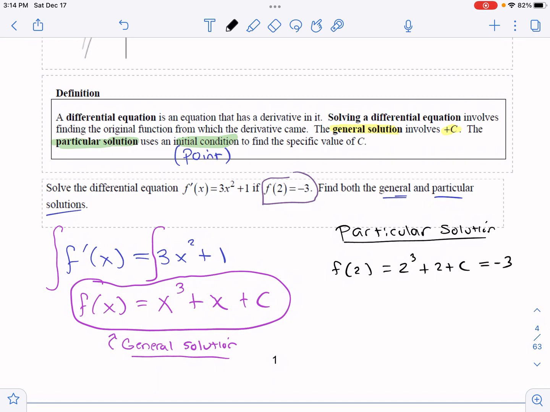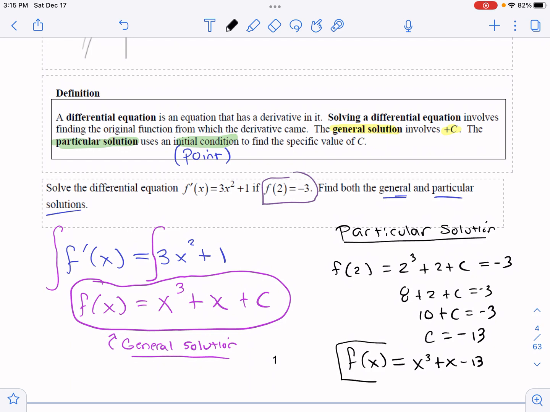And this is enough to help me lock down that c. So this is 8 plus 2 plus c equals -3. So that's 10 plus c equals -3, or c equals -13. So my particular solution would be f of x equals x cubed plus x minus 13. And now I have my general solution and my particular solution.